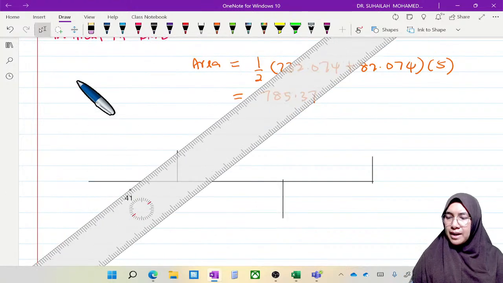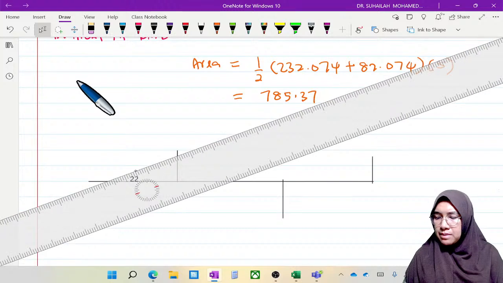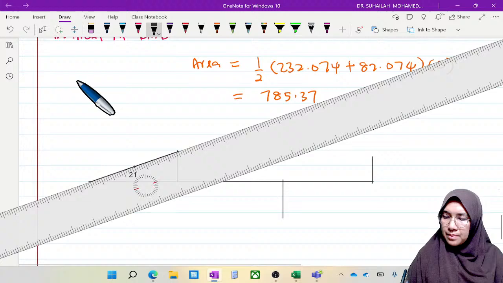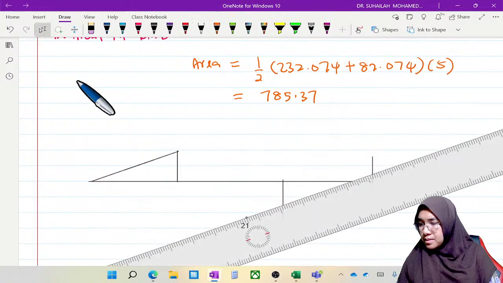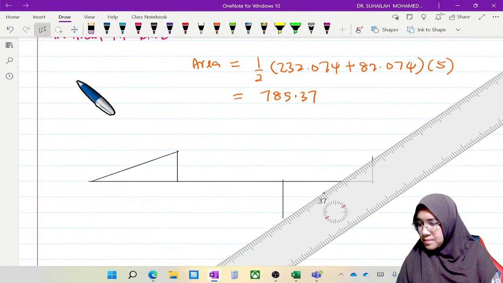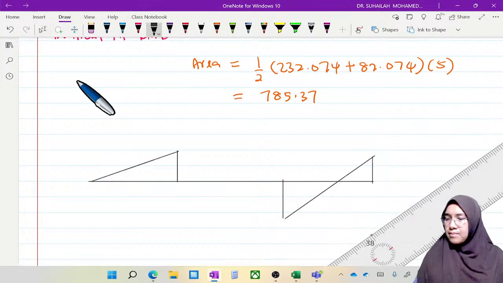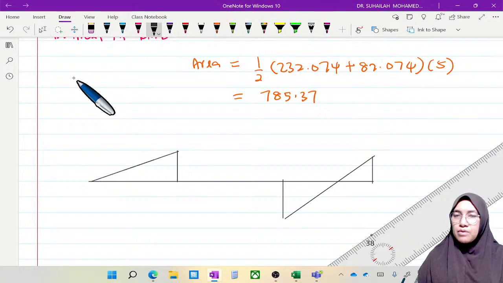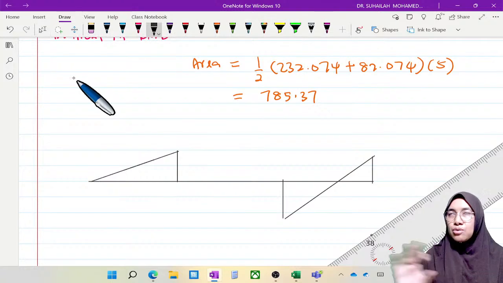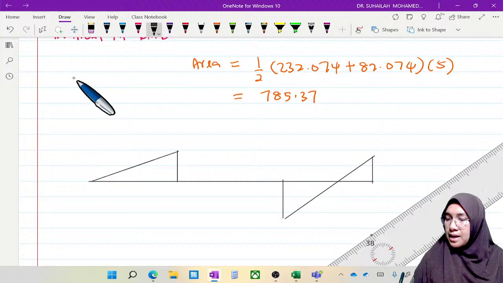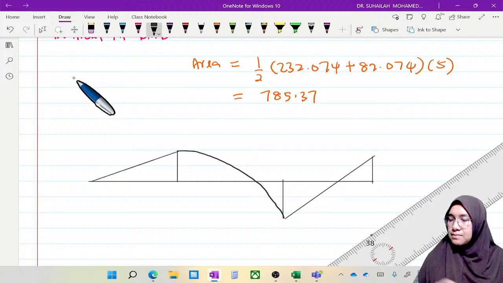Combining element by element is also okay, but if we combine, we get this. Because of the UDL, and no maximum moment because the shear force diagram is a trapezium, we just get this shear force diagram.